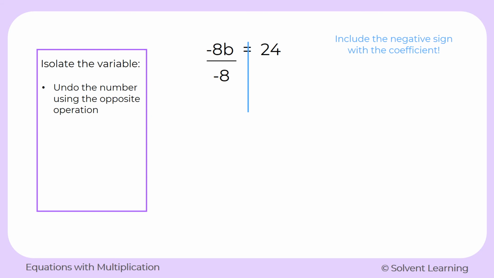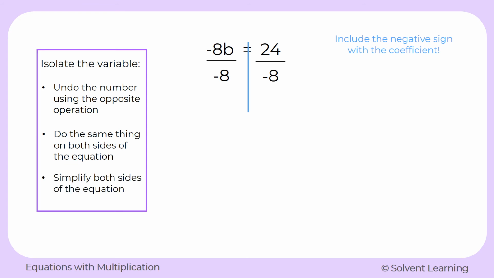So we have to keep that negative with the 8 to show that we are dividing by that coefficient of -8. That negative sign isn't going to disappear on its own. We have to be mindful to keep it with that 8. And of course, what we do on one side, we have to do to the other side. So we'll divide by -8 on the right side as well.